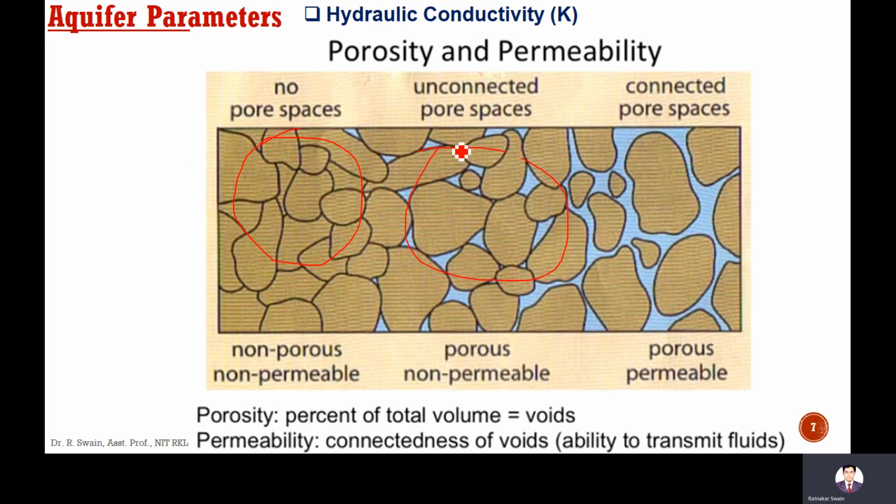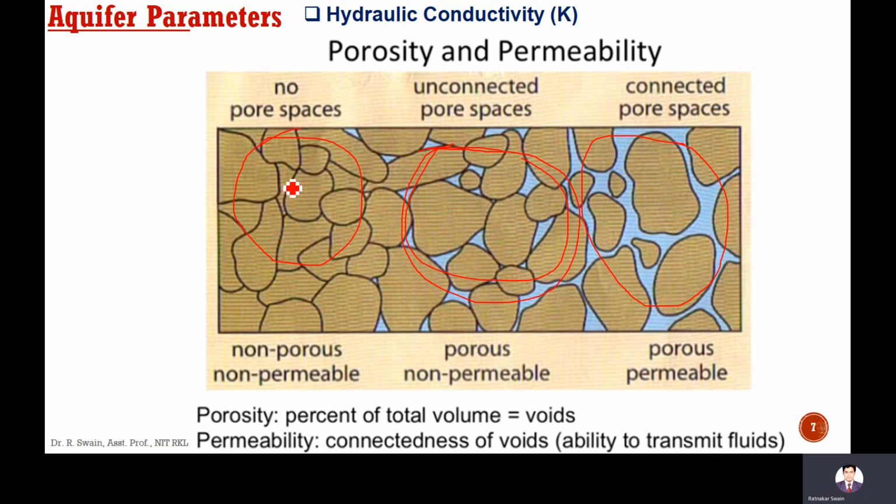Therefore, although porosity is high, the permeability, or hydraulic conductivity, will be very low. Unlike here, on the right, there are pores and interconnection between the pores. If there is interconnection, then fluid can flow easily. So here porosity is more and hydraulic conductivity or permeability is more.